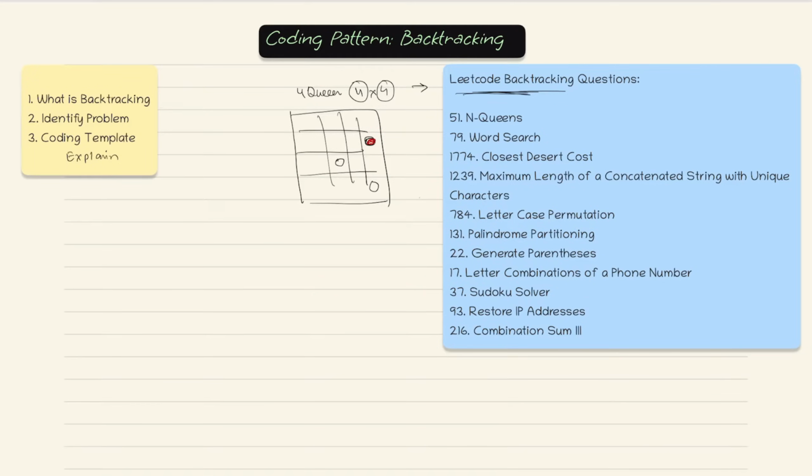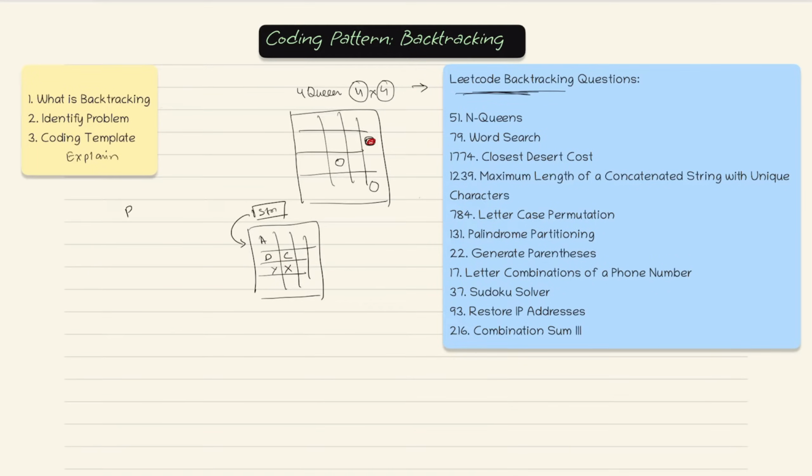Or if there is a question where, suppose you have a grid with a number of characters here, say A, C, D, X, Y, and they have given you some string and they are asking how to find out if you could make this word from this matrix.